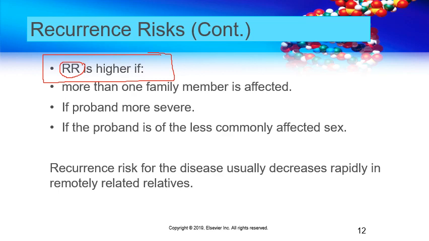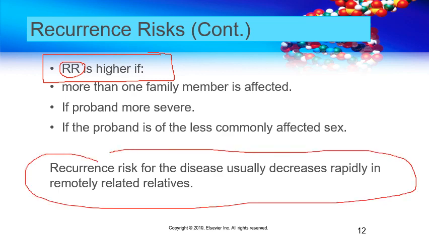It might make the granddaughter more cognizant of that, but the further you go out, so if great-grandmother had breast cancer, then the great-granddaughter, her recurrence risk would be 0. So that's important. Recurrence risk of the disease decreases rapidly in those remotely related relatives.